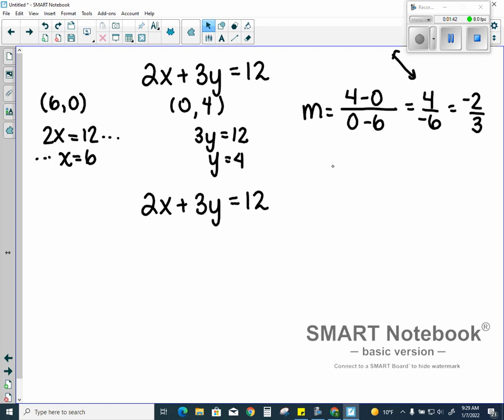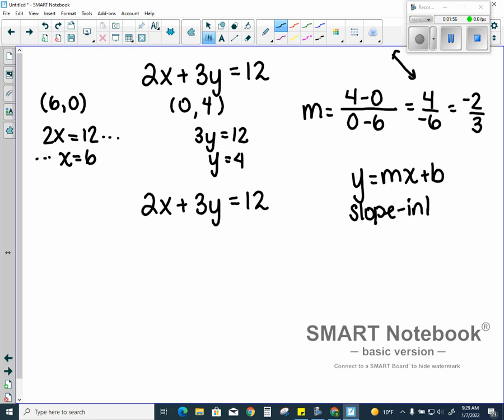Okay. The other way is to put the equation of the line in what's called slope-intercept form. We call it slope-intercept form because when we have the equation written in this form, we can see what the slope is and know the y-intercept.